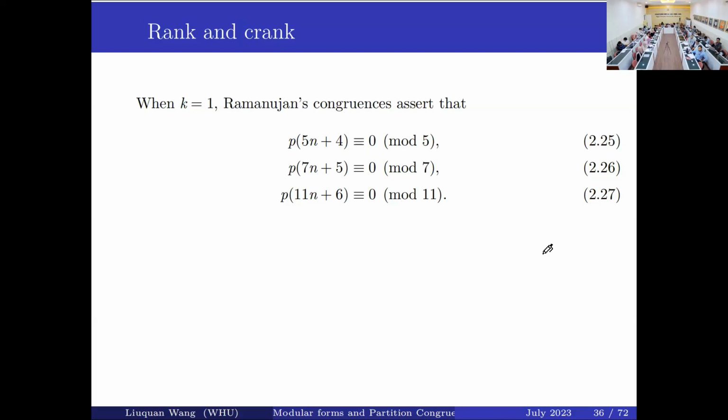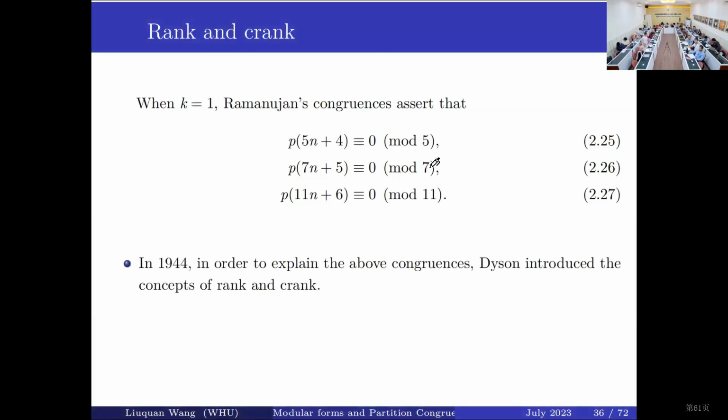Now let's review some other facts from Wuha's lecture. This actually says that the number of partitions of 5n plus 4 is always divisible by 5. How can you explain this from the combinatorial aspect? In order to explain the above congruences through a combinatorial perspective, Freeman Dyson introduced the concepts of rank and crank.